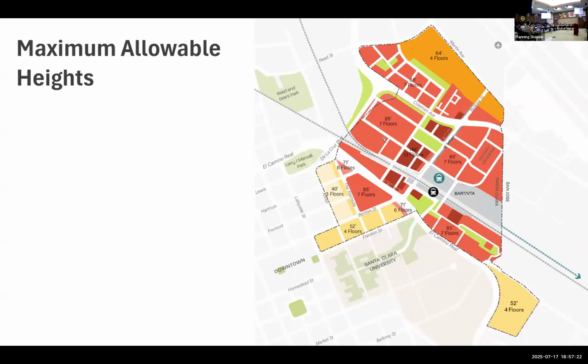So we're trying to regulate both with height and floors. The reason for that is that sometimes we give taller heights to provide generous floor-to-floor configurations, but not for a developer to squeeze the floor-to-floor and add an extra one, which is why we're using both those numbers to regulate the maximum allowable heights.